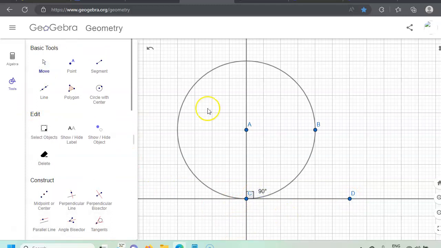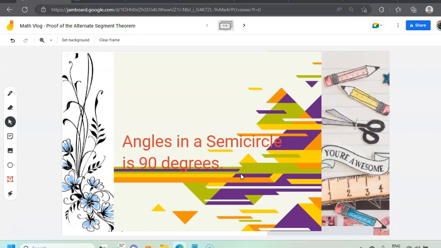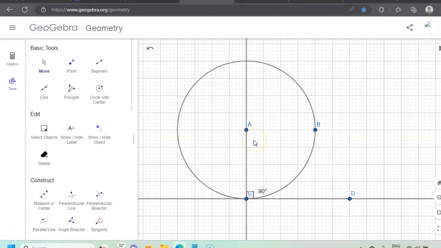And a very important theorem or property that we are going to use for this case is the property wherein the angle in a semicircle is 90 degrees. So the next element that we are going to create is of course the angle at the alternate segment. So again, this 90-degree angle here is already the angle formed between the chord and the tangent line.